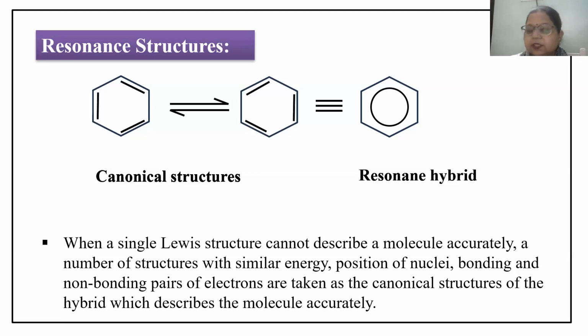Such structures are called canonical forms or canonical structures. Then what is the real structure of benzene? The real structure of benzene will be in between them. That is the one drawn on the extreme right-hand side and labeled as resonance hybrid. Is it clear?